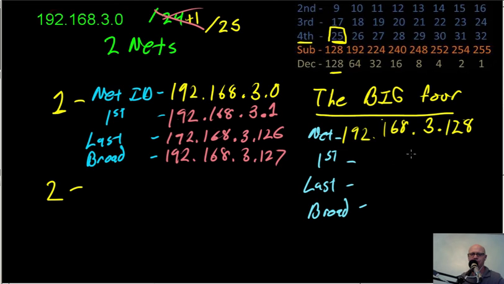First usable, think about what it was: the net ID plus 1. So now this is a different subnet. So our first usable, 192.168.3.128 plus 1 is 129, right?